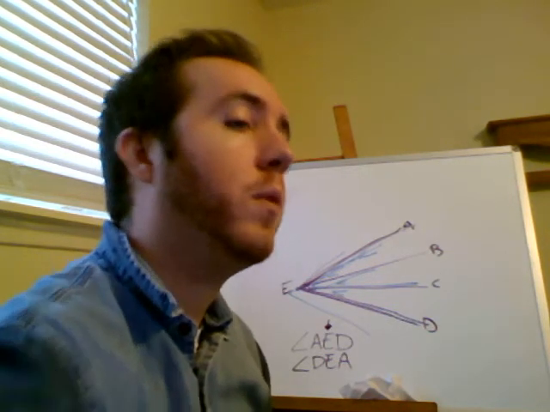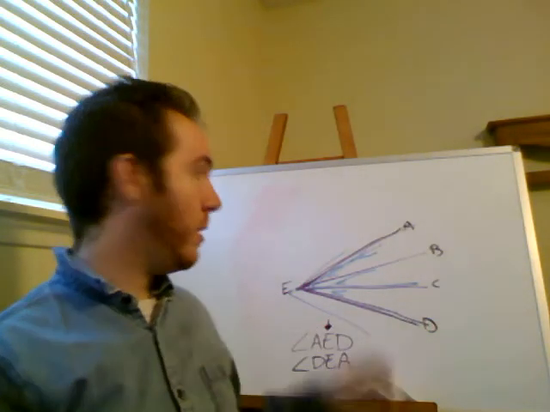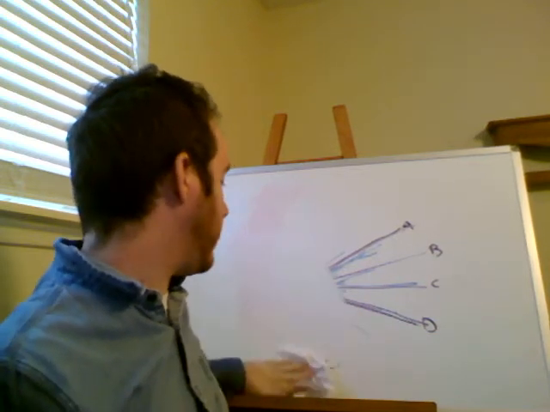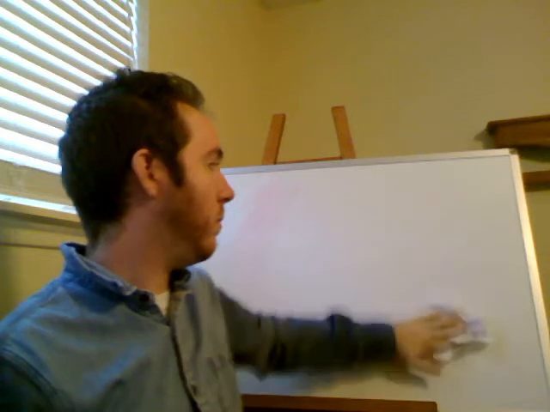So for this one, we're going to name the angle in blue, right? You see there, it's the first question. It says name the blue angle, not the purple one, but the blue one. Okay.